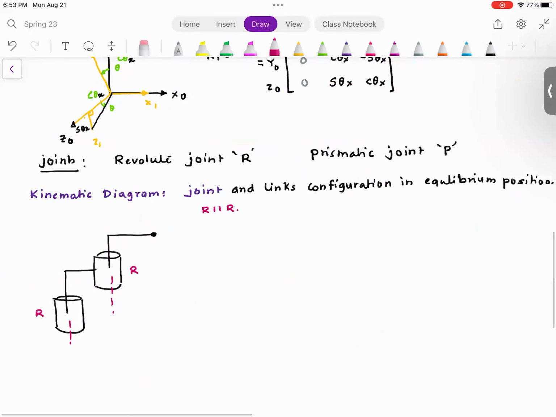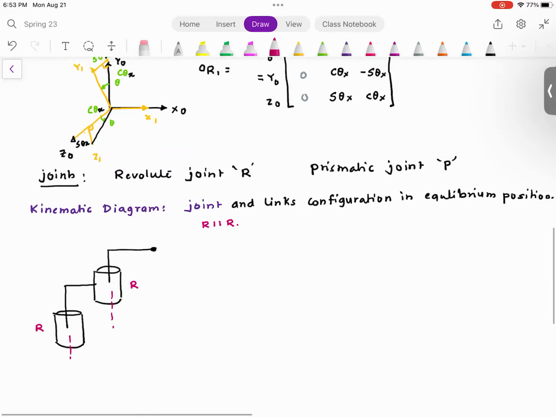Now, this is very important, and for the next 1 month we are going to do this again and again. We have to draw coordinate systems. Coordinate systems are extremely important. So there are rules, and we have to follow these rules.